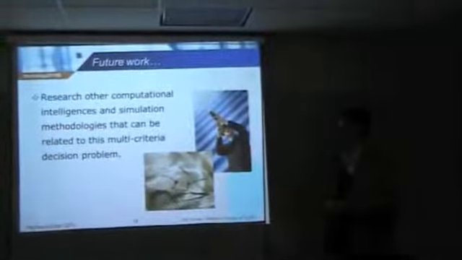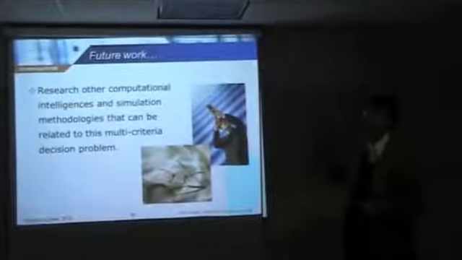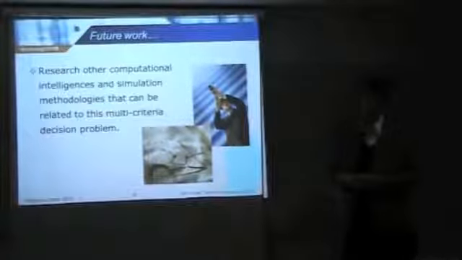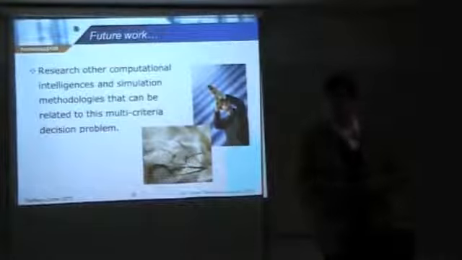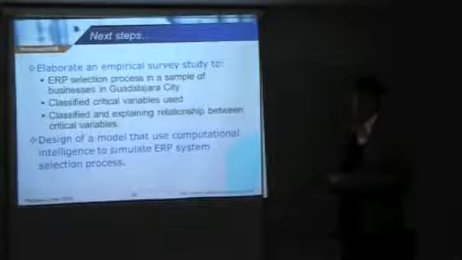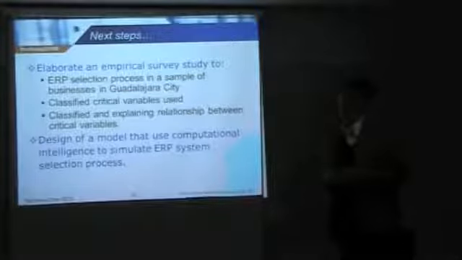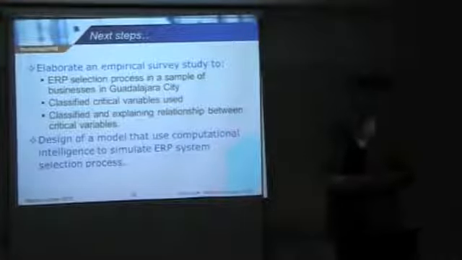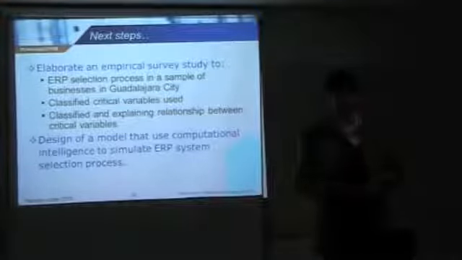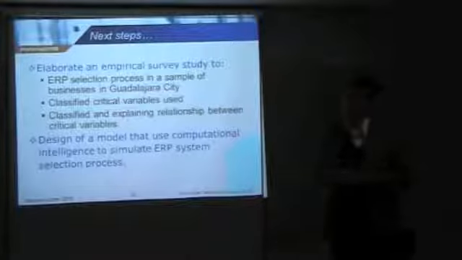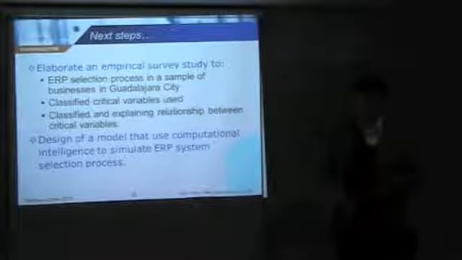So, the future work in this matter is to research other computational intelligence and simulation methodologies that can be related to this multi-criteria decision problem, and also to elaborate an empirical survey study to obtain information about how the Guadalajara businesses are doing their selection, trying to identify the critical variables they use in this selection, and how they relate.